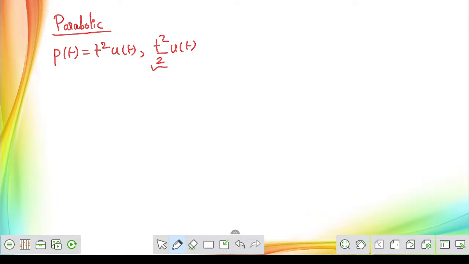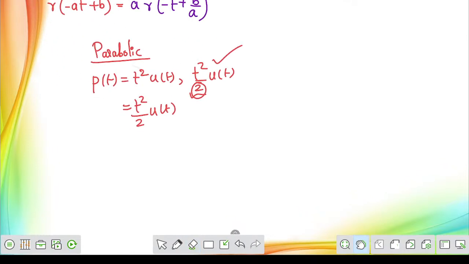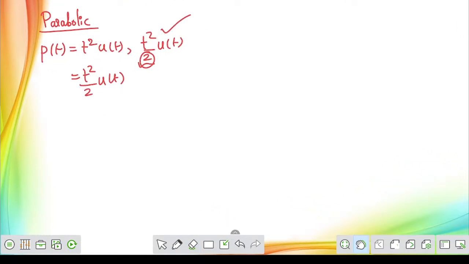But in general, whenever we integrate a ramp function, this is what we get. But most of the time, this 2 is shifted to the S domain. So the standard representation you can take is t square by 2 into u of t. Take this one, because when they talk about the standard signal, if you write t square into u of t, this may lead to losing marks.